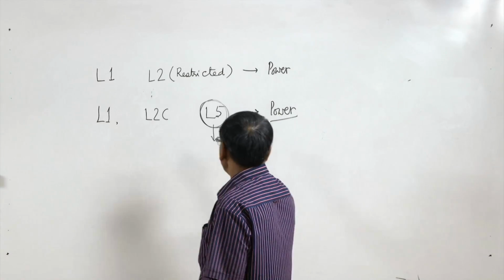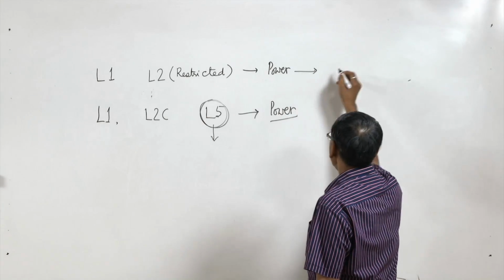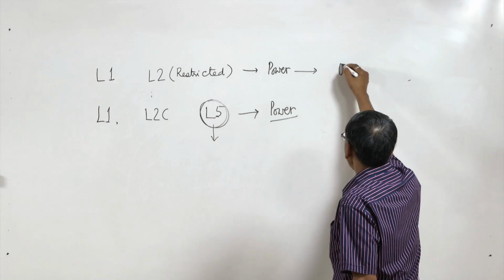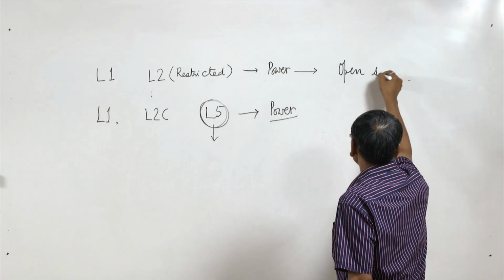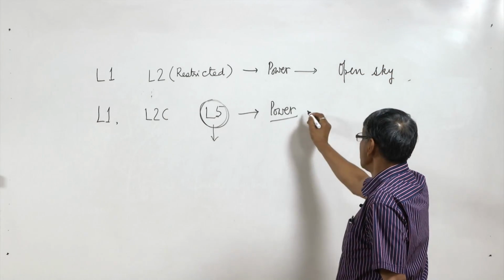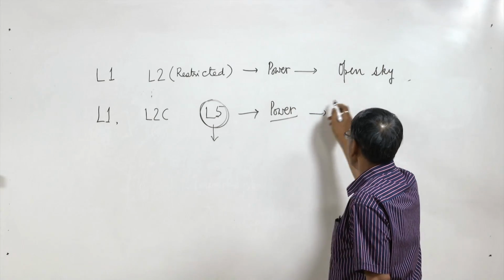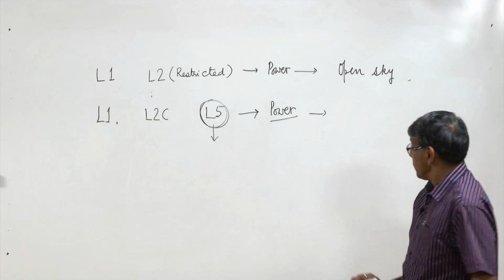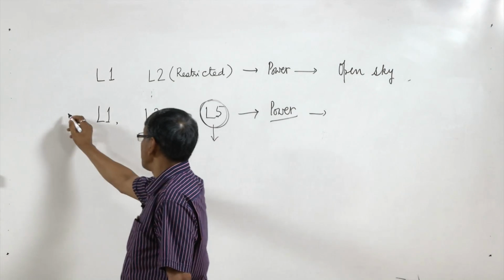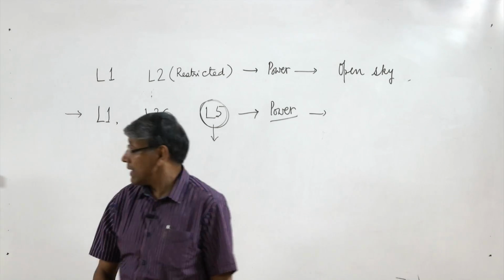That means initially the signals were available only in open sky, but this restriction is also overcome in present day GPS signals.